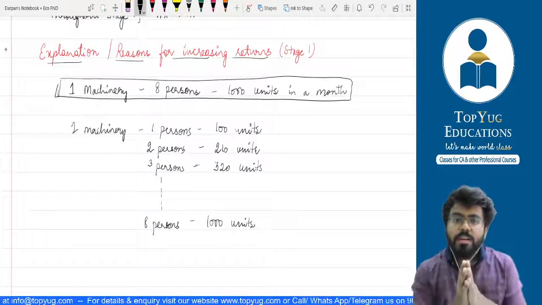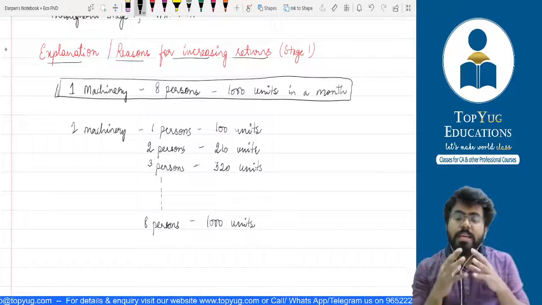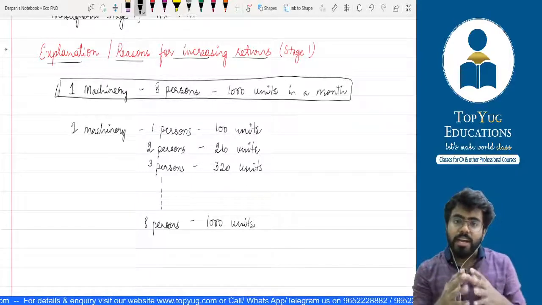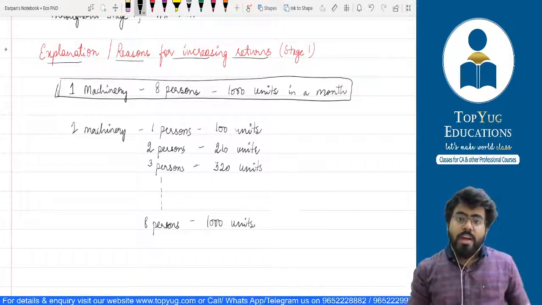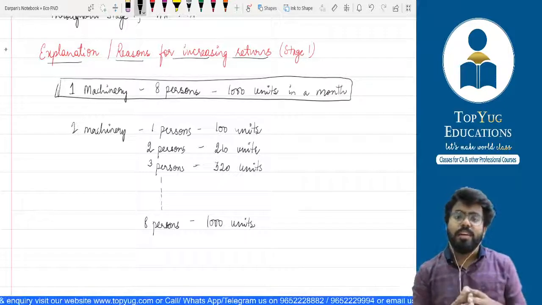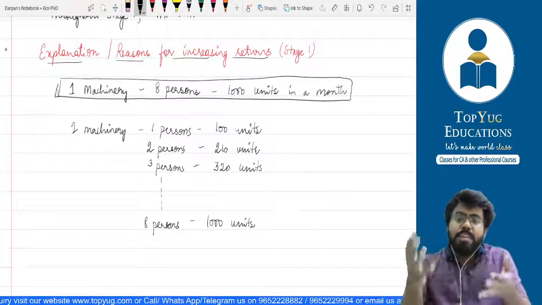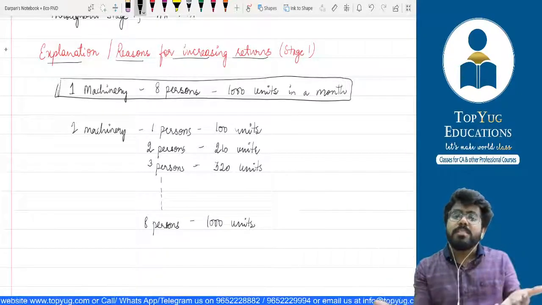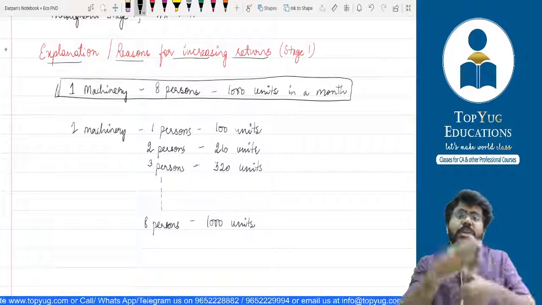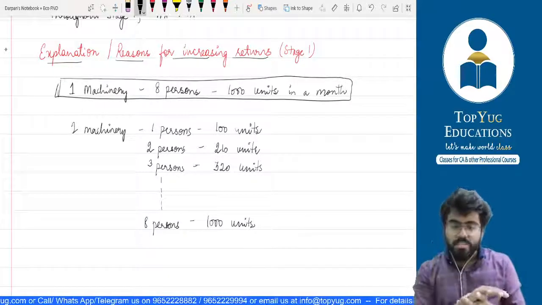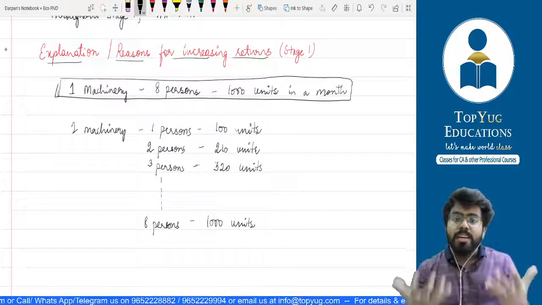So what is happening? My capital is fixed. My machinery is fixed. I cannot change that machinery. And it is being underutilized in the start. But when I increase the variable factor, when I increase the number of laborers, what is happening? That machinery is being utilized now. The machinery which was underutilized earlier is being utilized now.